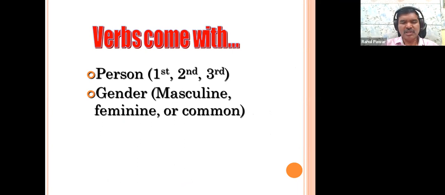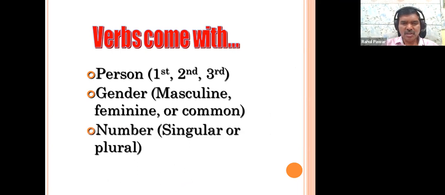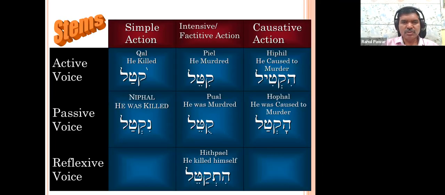And both together, representing masculine and feminine, are called common gender. Number is singular or plural. And stems. So these are the seven stems which we are going to see.